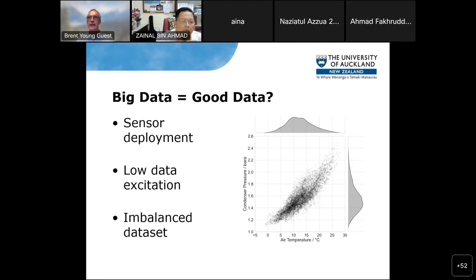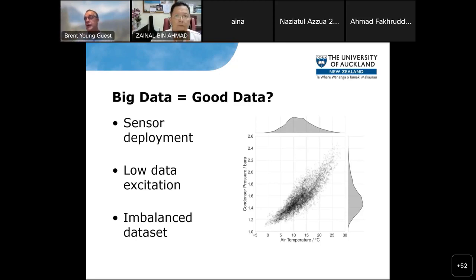The reason is that the data often is poorly excited, and that means you're often controlling around a single set point, and so the data exists in a narrow band. In the figure here, you see a correlation between condenser pressure and air temperature. The air temperature will range, but you see the condenser pressure doesn't change that much, and it changes over a relatively narrow band.